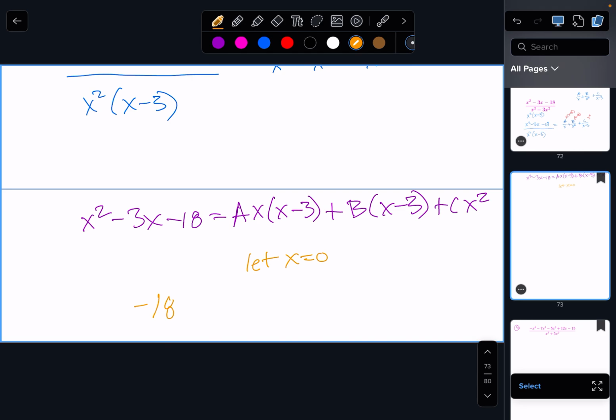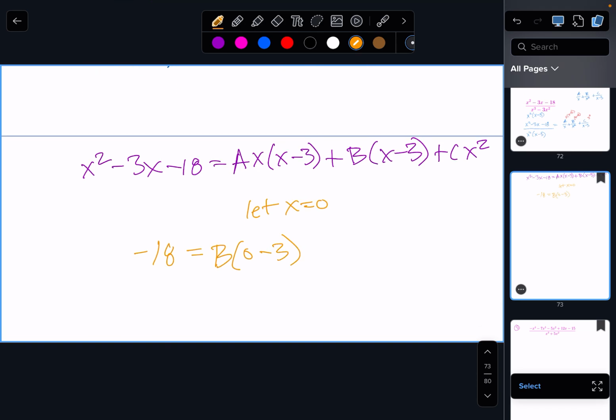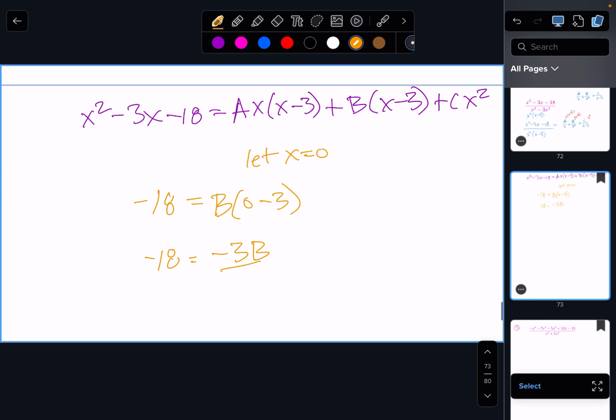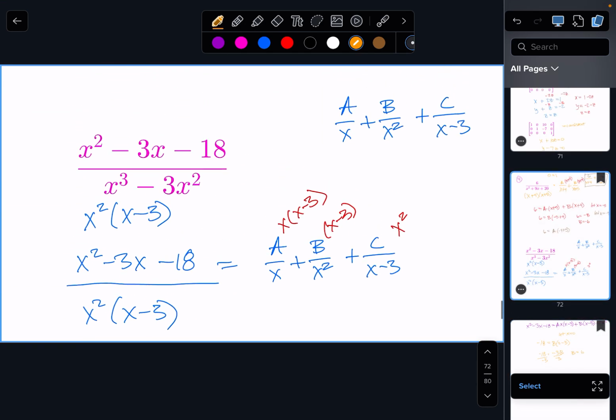Negative 18 equals b, and this is 0 minus 3, so negative 3b divided by negative 3. So b equals 6. So I'm going to go up here just to be organized and put in 6 for b.